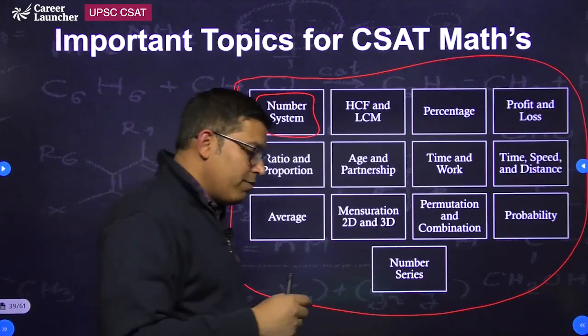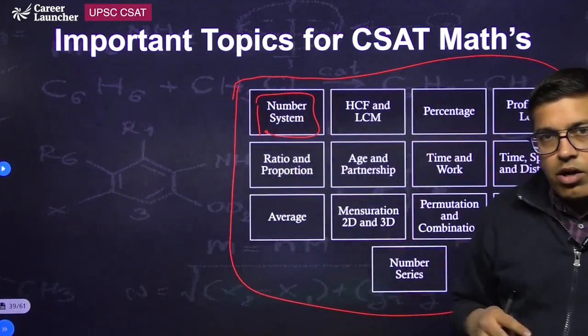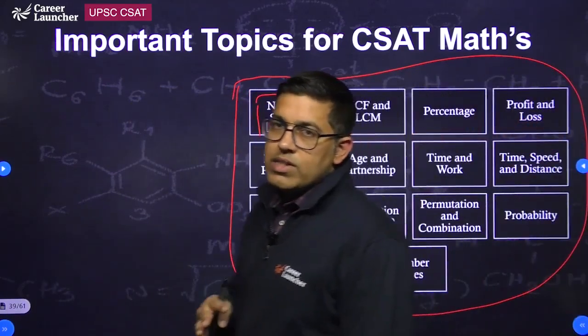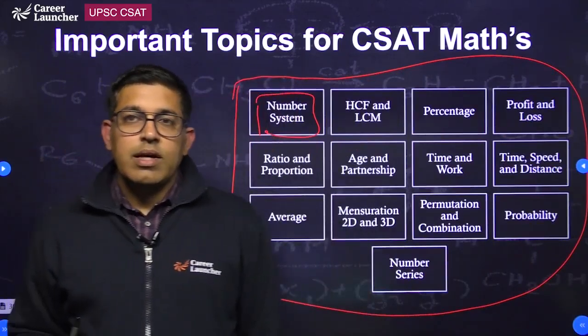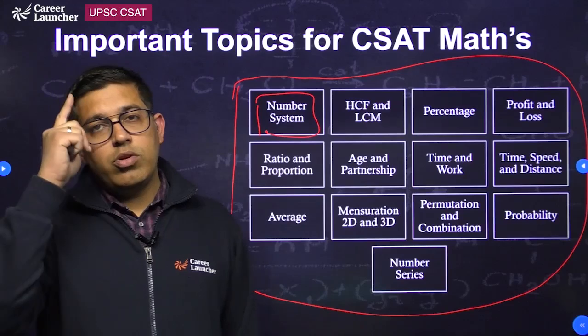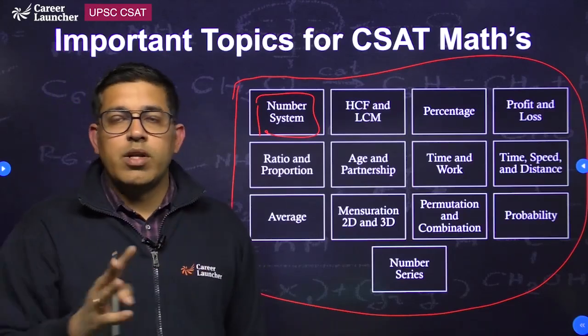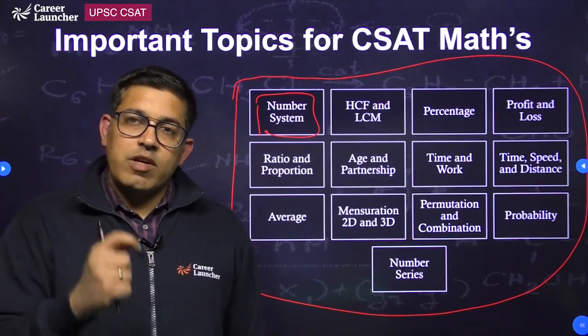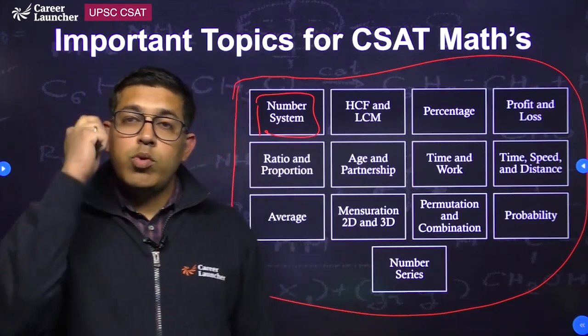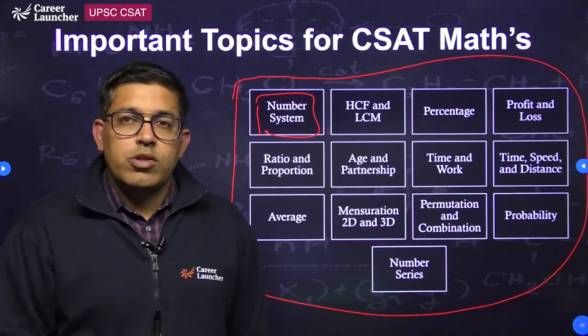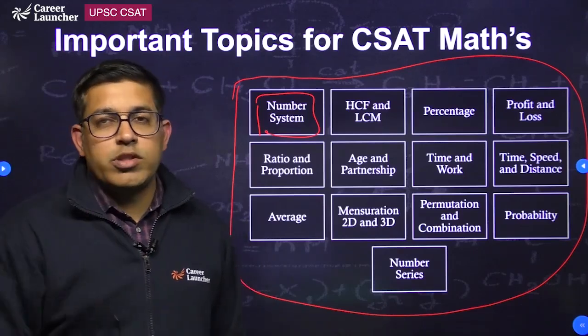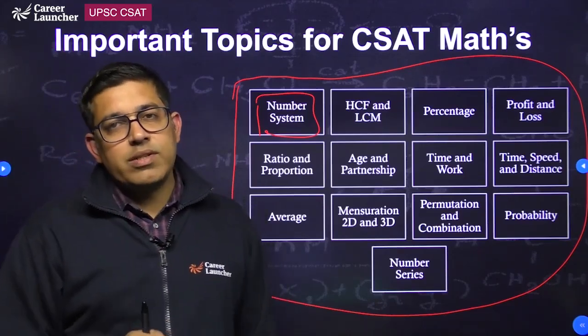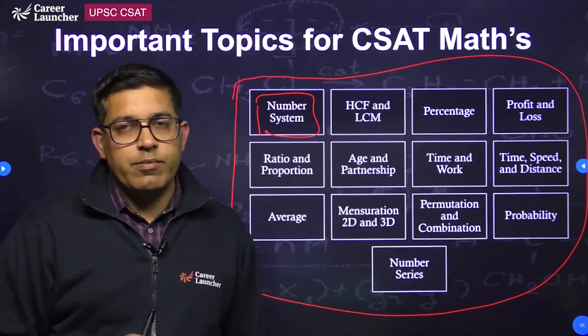That's why, when Career Launcher does the CSAT test series, it is different from anybody else in the market: you will not find even 2 tests which are similar to each other. If we are giving you 12 mocks, we are giving you 12 different scenario mocks, so that you'll be ready for each and every possibility when you give the actual CSAT paper in the UPSC exam.